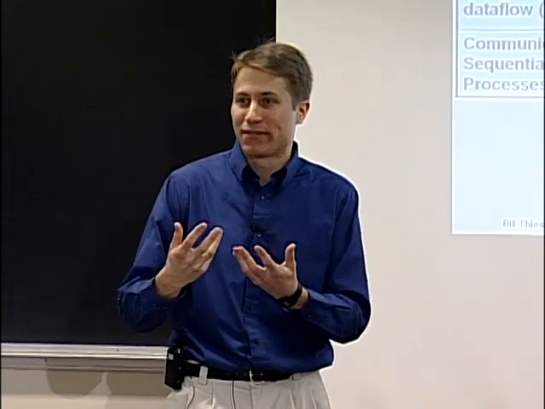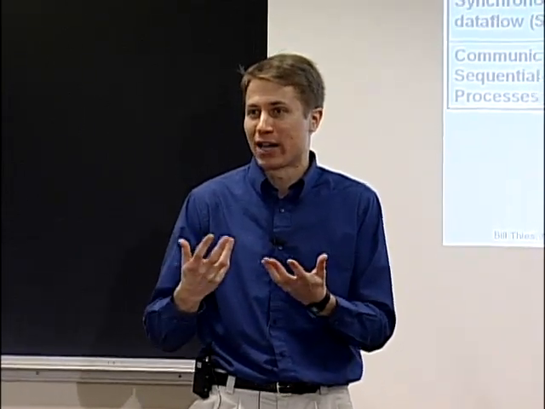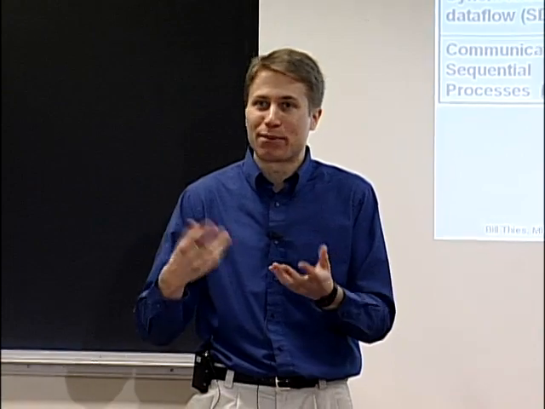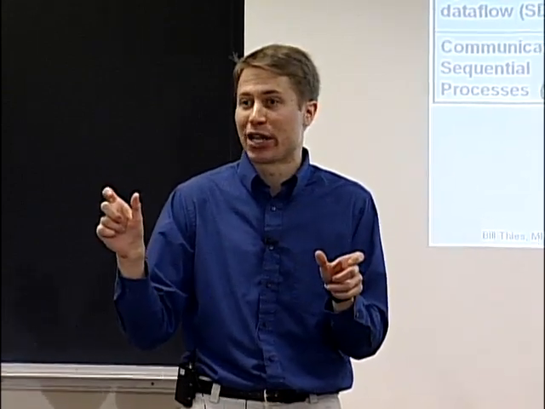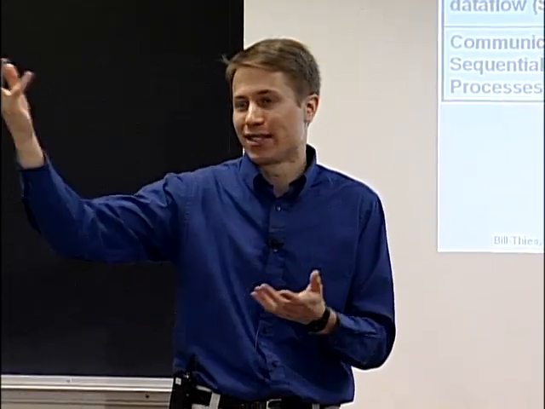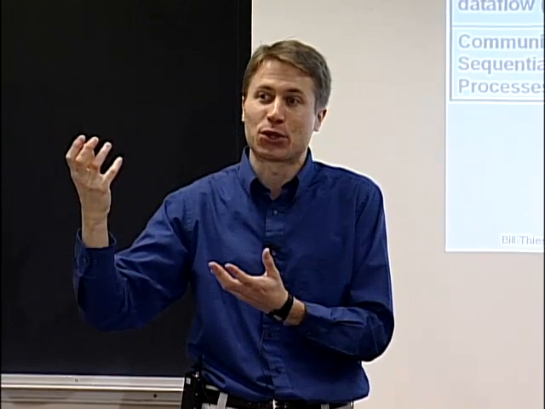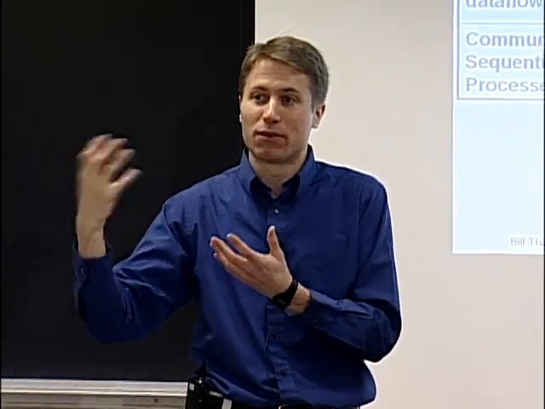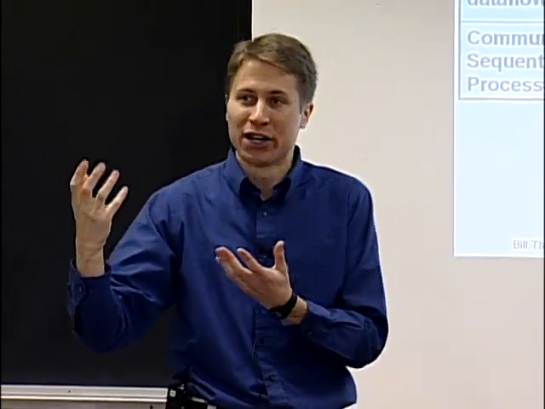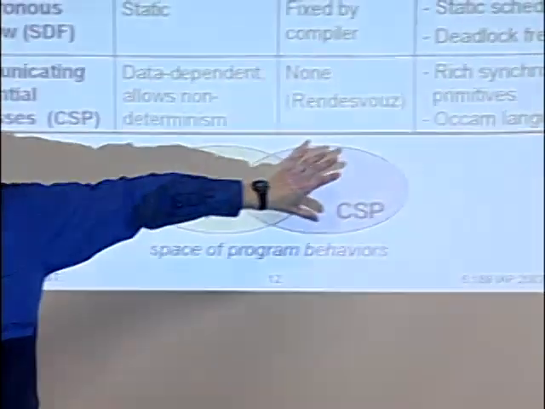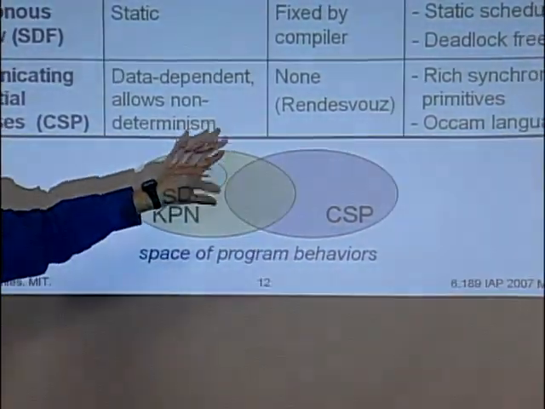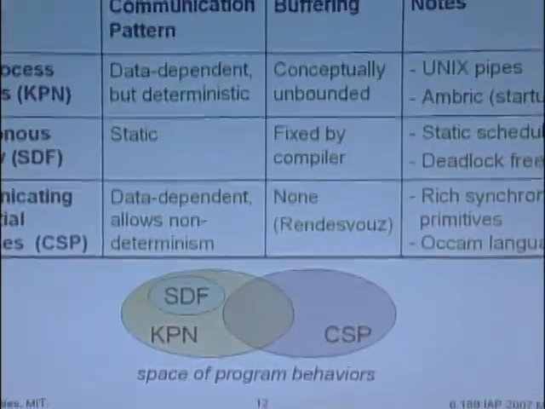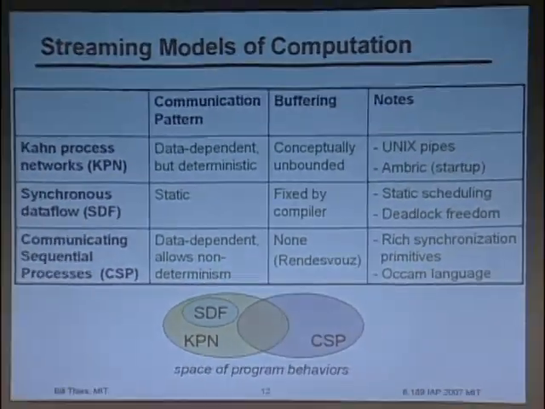They have a set of primitives that are richer in terms of synchronization. So for example, you can have guards on your communication. Don't execute this consumption from this channel until I see a certain value. So there's some more rich semantics there. And so that's the things that are usually outside the other models. Does that make sense? Other questions?